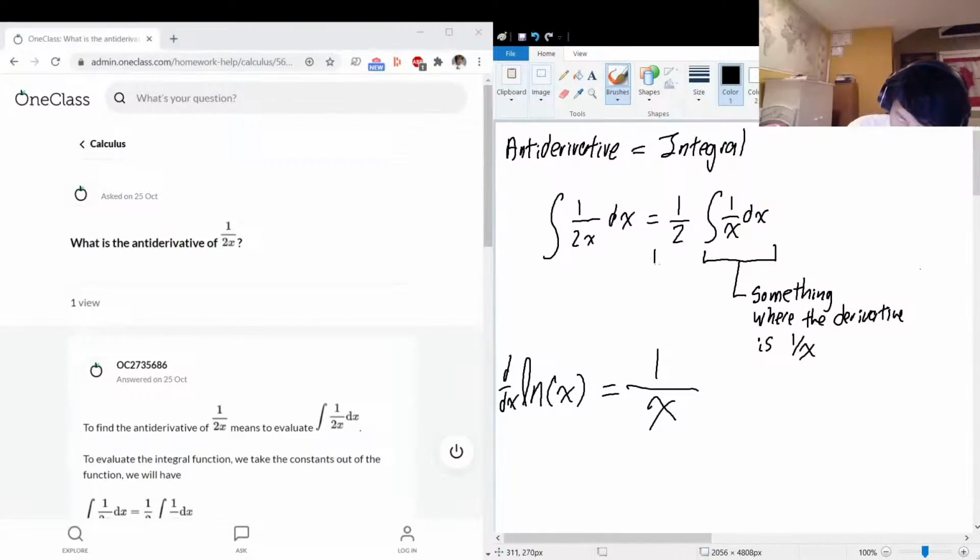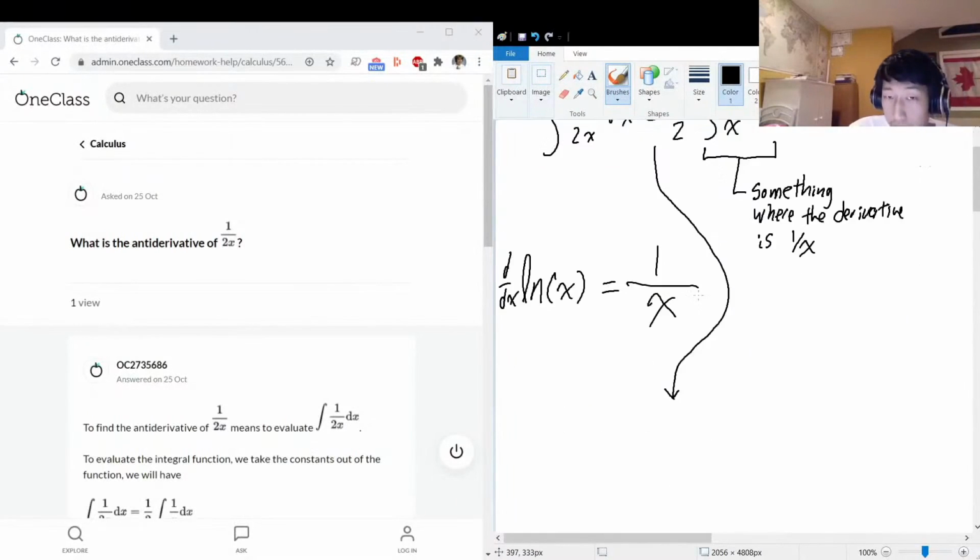So this goes down to here, and the result of that is 1/2 times natural logarithm of the absolute value of x. Notice how I'm putting these vertical bars.